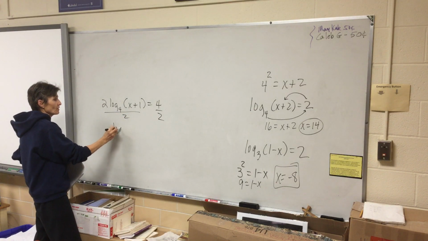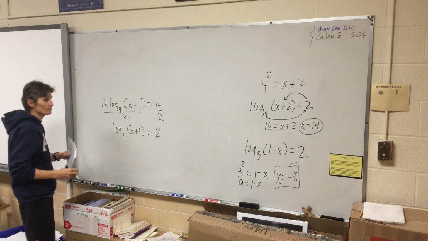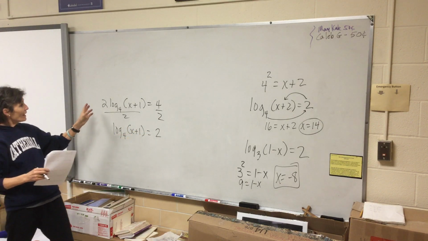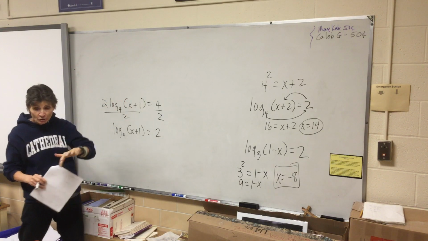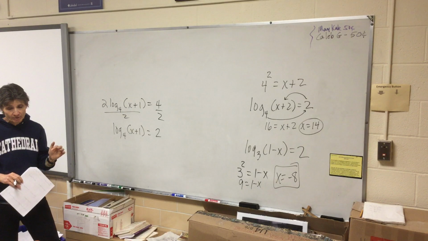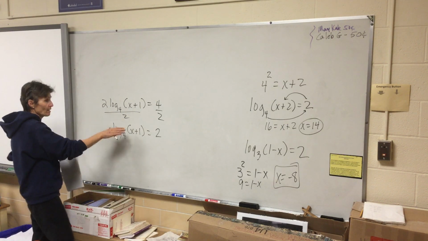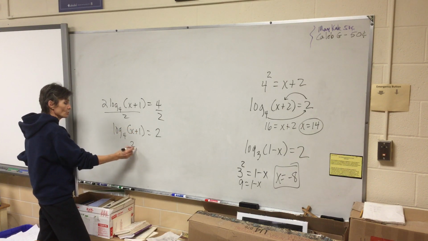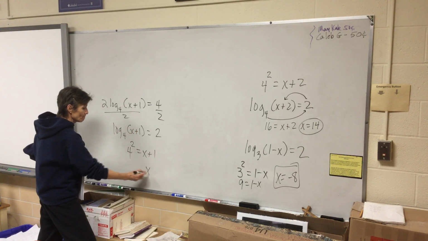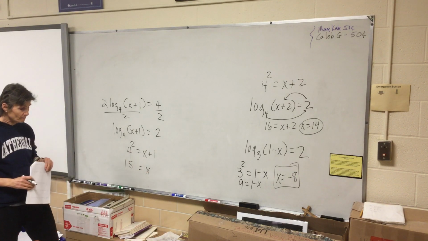So then you just have the log base 4 of x plus 1 equal to 2. You can go ahead and put it up here and make this x plus 1 squared, but then you're going to have a quadratic to deal with. It's probably easier to just get rid of it, divide. Then we can loop-de-loop, so 4 squared equals x plus 1, and it looks like x is going to equal 15.